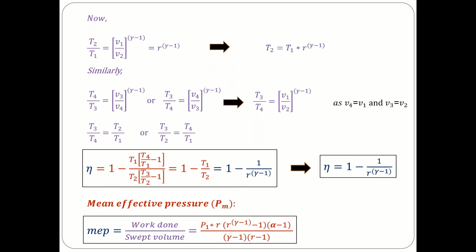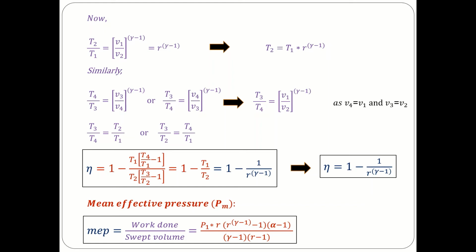So what we are doing now is trying to get the relations between the temperatures, so that finally I can remove the temperature terms and get an expression in terms of known parameters. Similarly, you can see that T4 by T3, right? The process 1 to 2 is the isentropic process, which is a reversible adiabatic process, so there you can apply this expression.